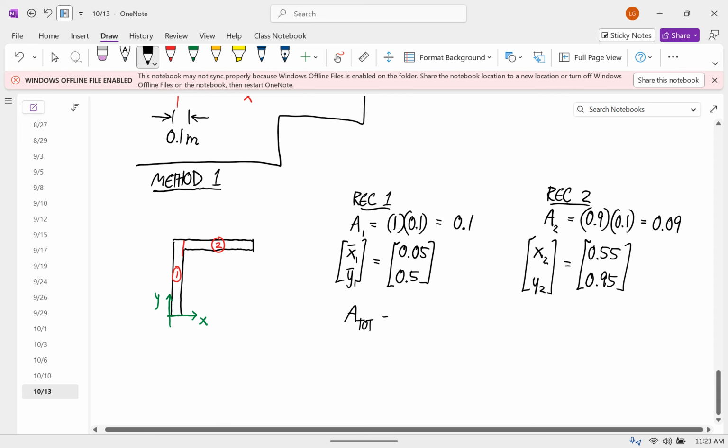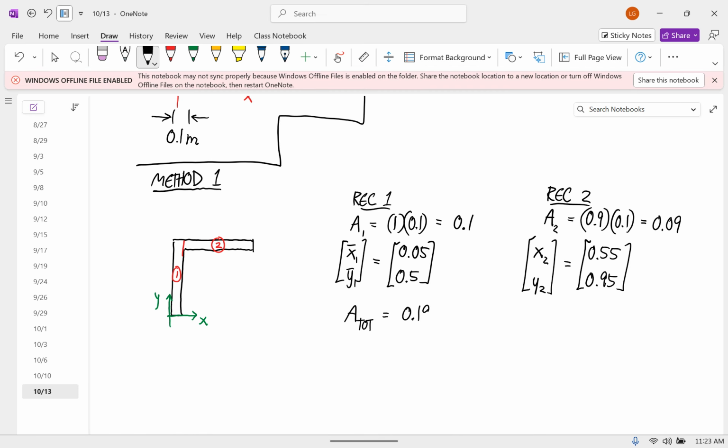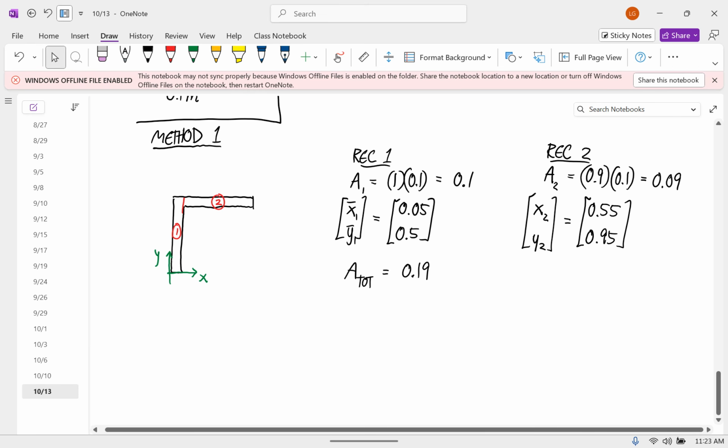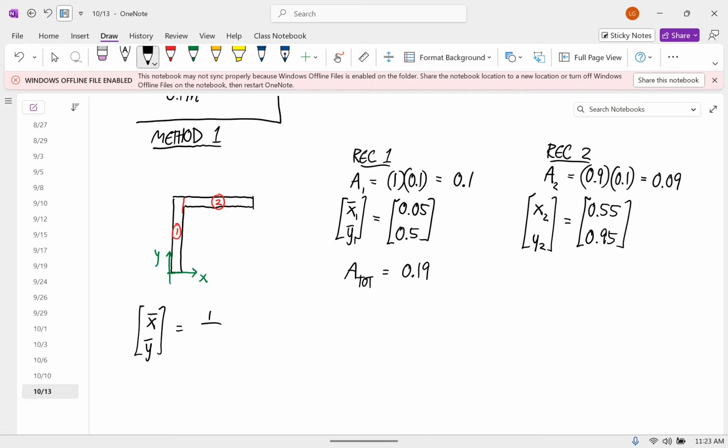A total is 0.19. So the centroid of the whole thing is 1 over 0.19 times the area of rectangle 1 times its centroid location, 0.05, 0.5, plus the area of 0.09 times that top rectangle's centroid location, 0.55, 0.95.